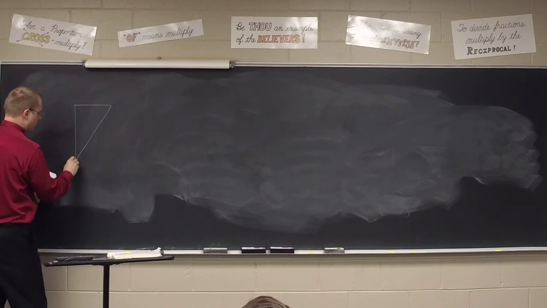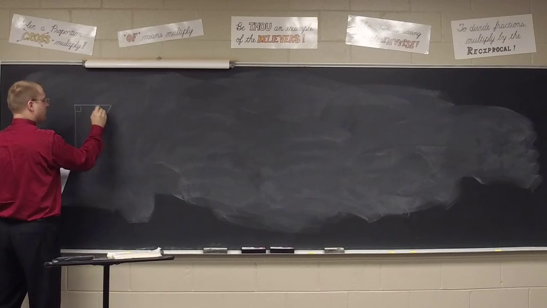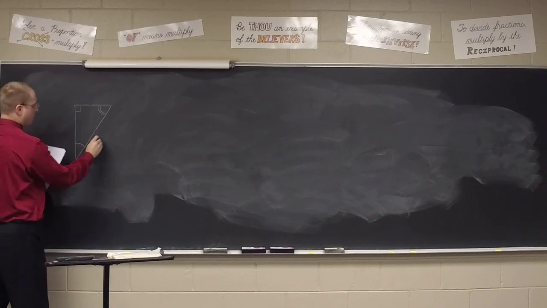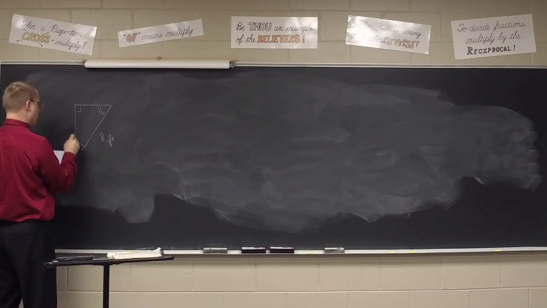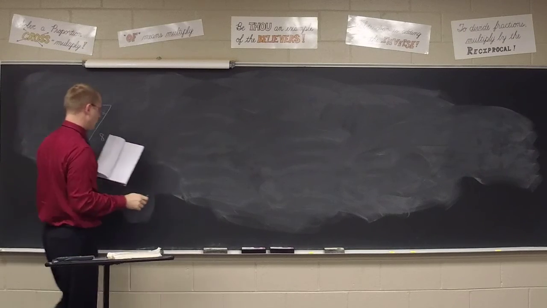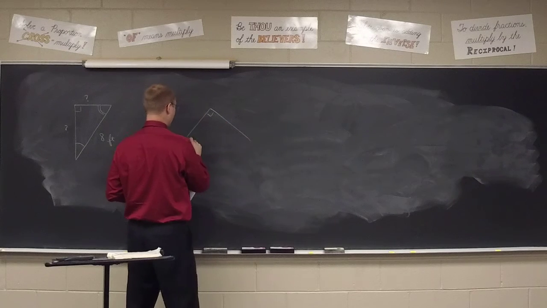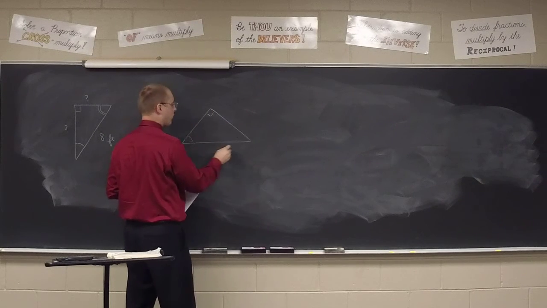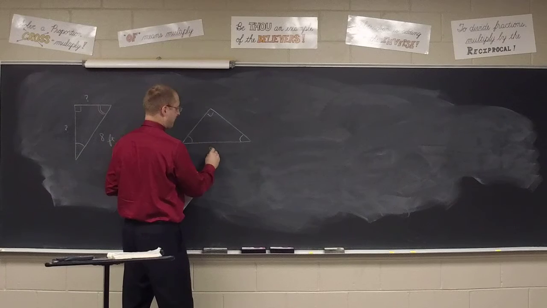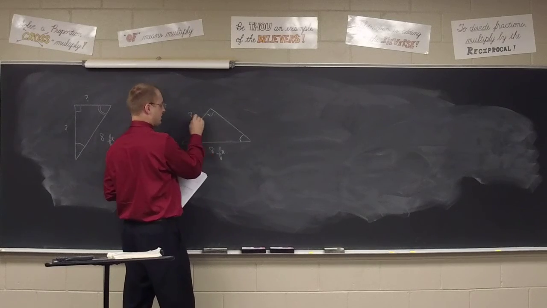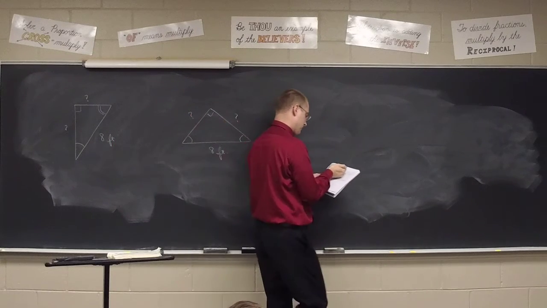Suppose we have a right triangle here, where this acute angle is twice that one. We know the hypotenuse is 8 feet. Find the other two sides. We also have a right triangle with two equal acute angles, and again, a hypotenuse of 8 feet. Find the other two sides.